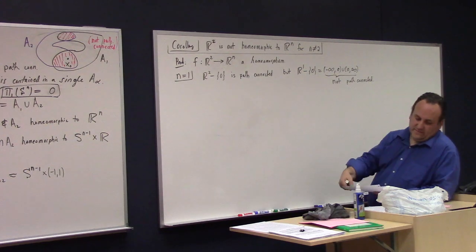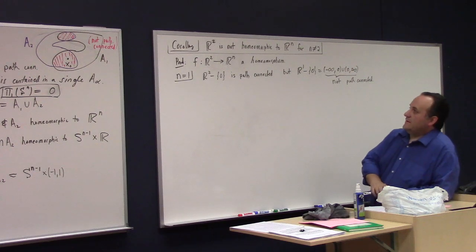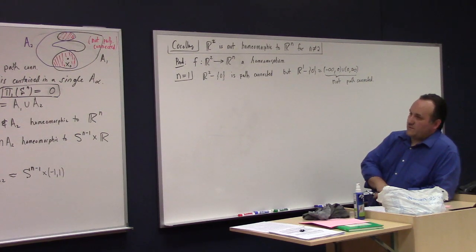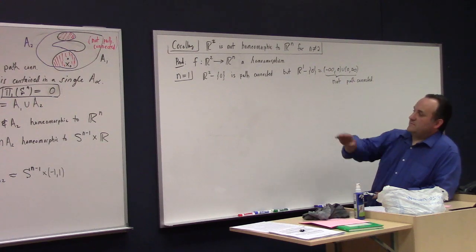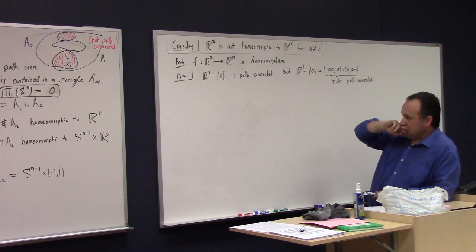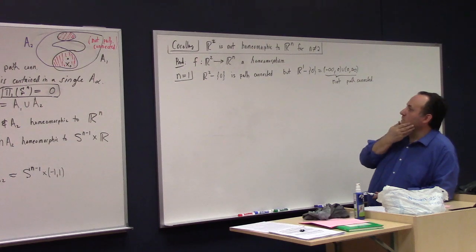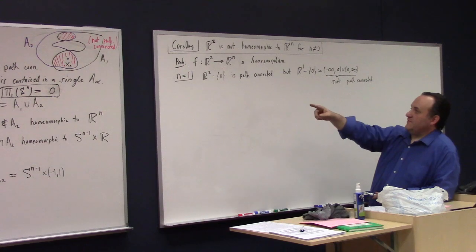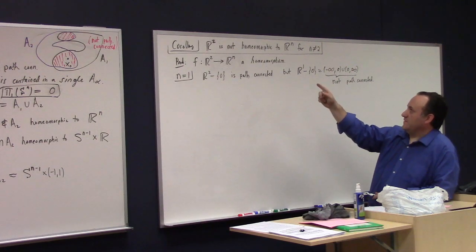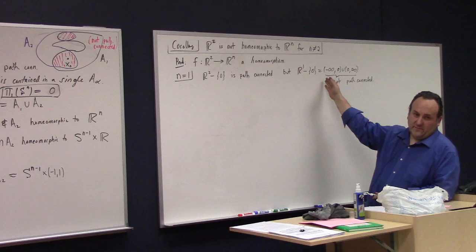Okay, so let's just think through it. Path connectedness is a property which is preserved by a homeomorphism, I think is what's going on here, right? So if I remove a point from R2 and then I look at the image of that under a homeomorphism, then I'm definitely missing a point in R1.